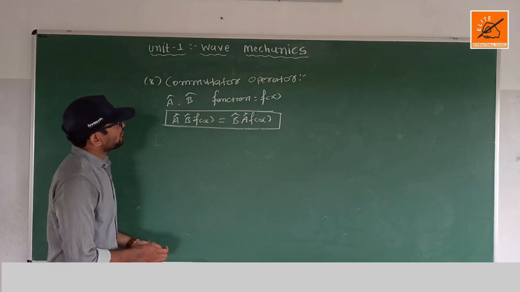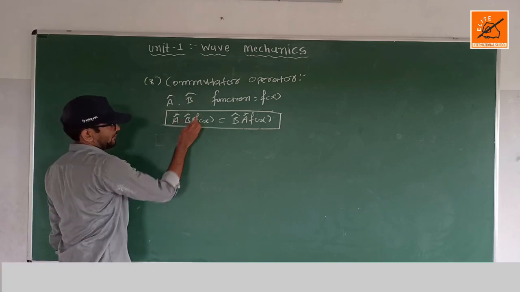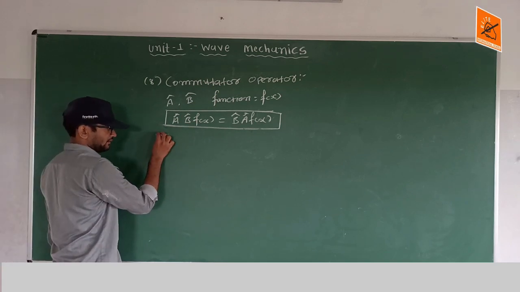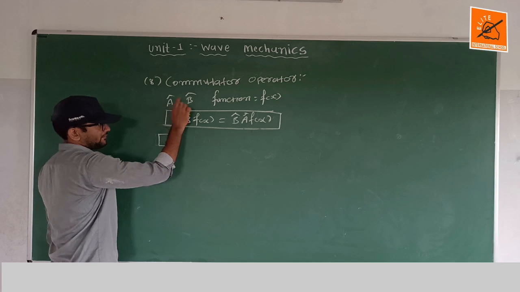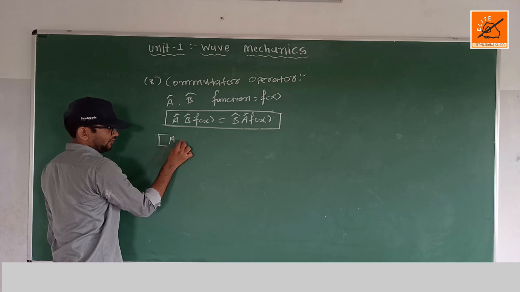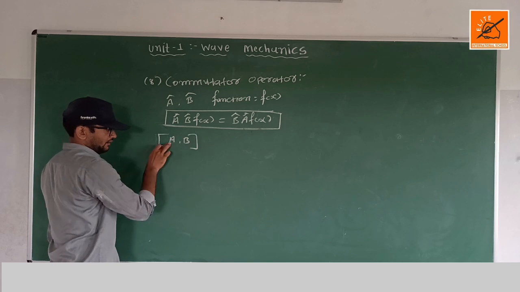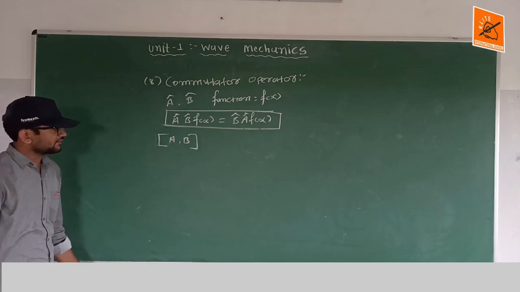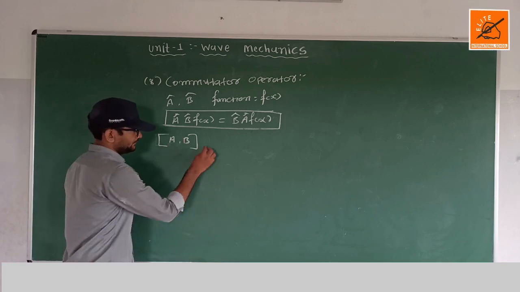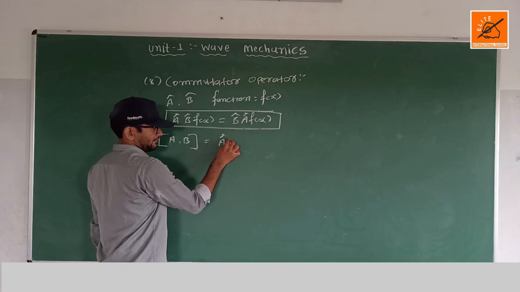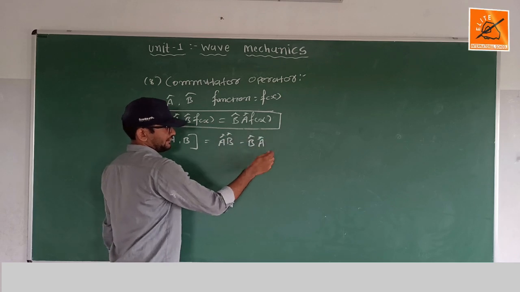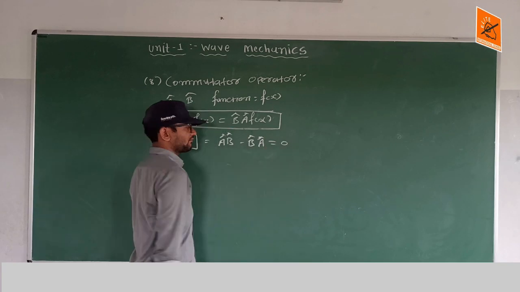So this type of operator is known as a commutator operator, and it is denoted in square brackets. If a cap and b cap are commuting operators, then it follows the condition: the value of [A, B] is equal to a cap b cap minus b cap a cap, which is equal to 0.